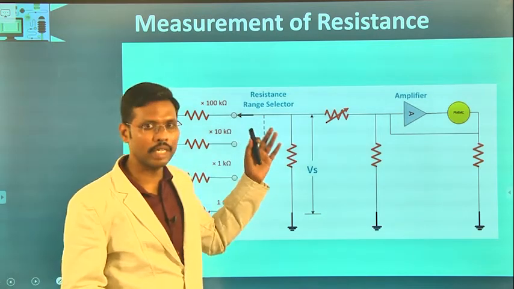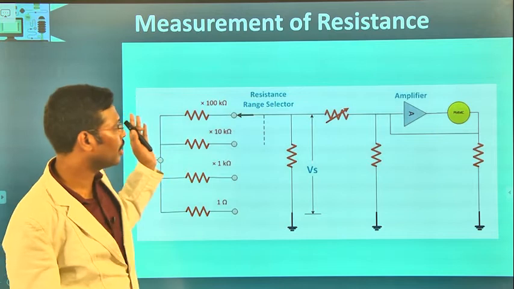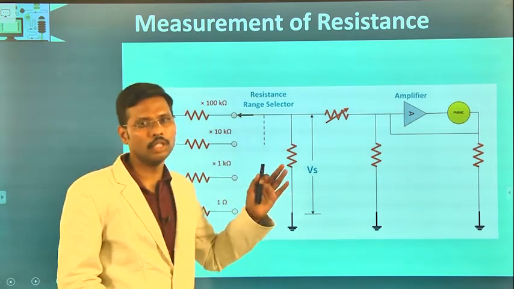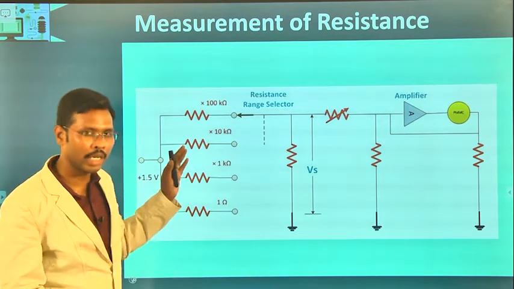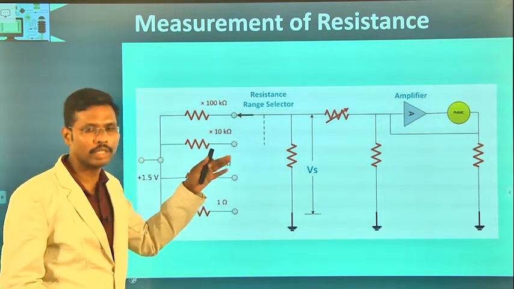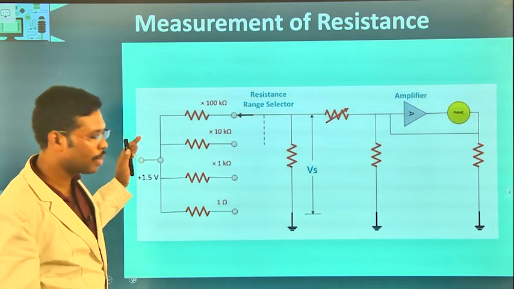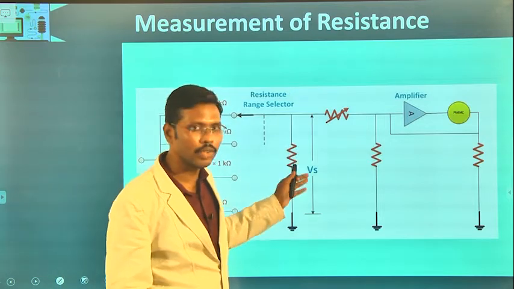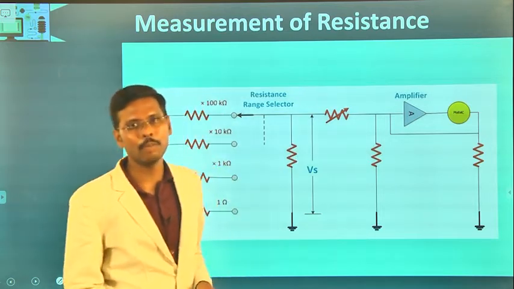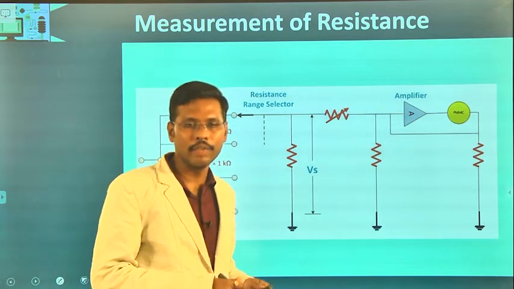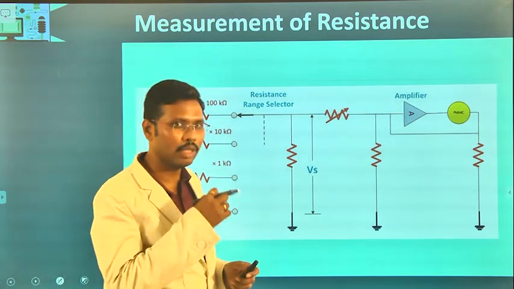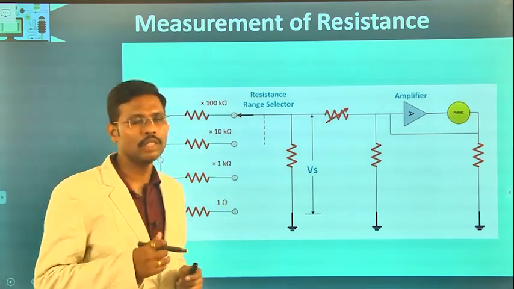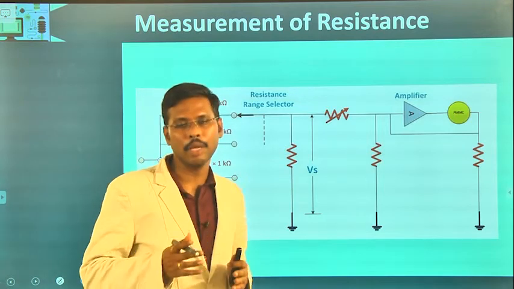The PMMC is scaled in such a way that depending upon the input voltage signal it will show the output in terms of resistance. The voltage drop across that unknown resistor is transferred to the amplifier, and this amplifier will amplify the signal, because the voltages or currents developed in this meter will be very low in magnitude, and they are not in a position to drive the PMMC directly.